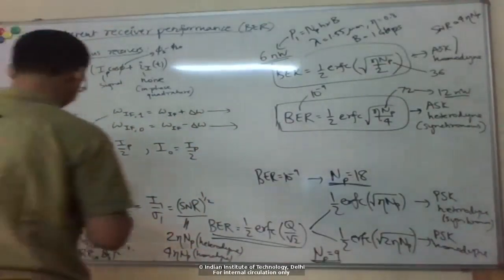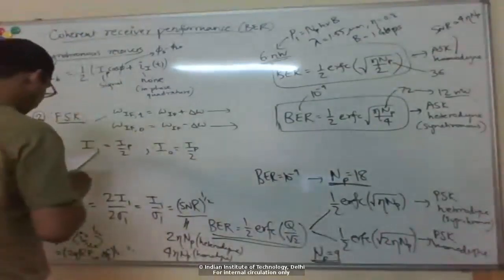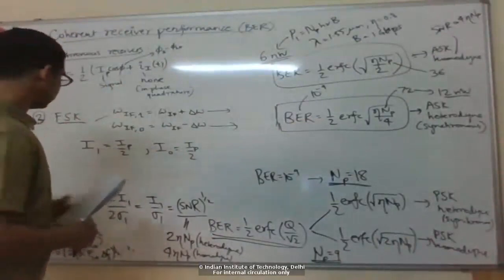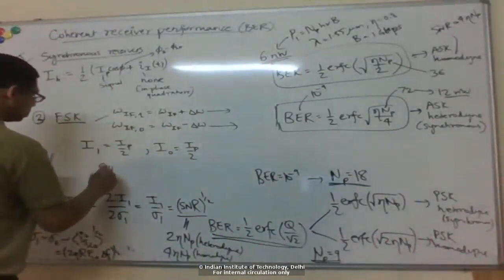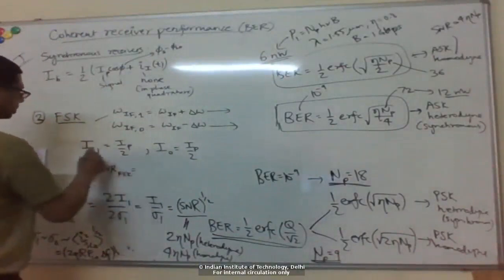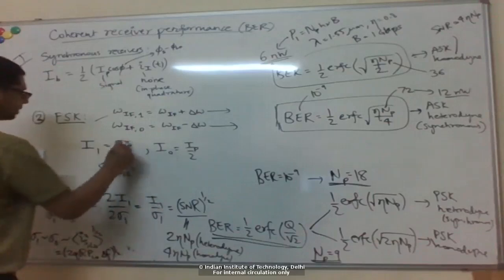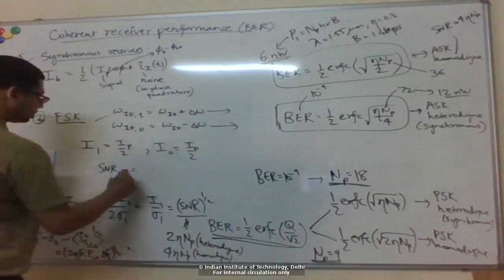So compared to ASK, right, we can say that there's a better SNR, because for I0 also I get the same magnitude as I1.